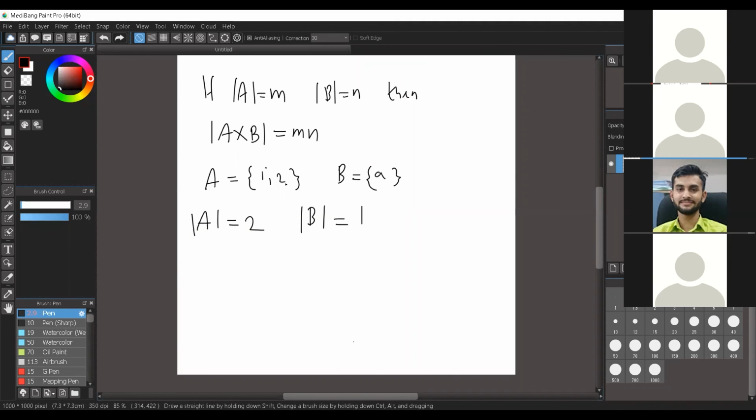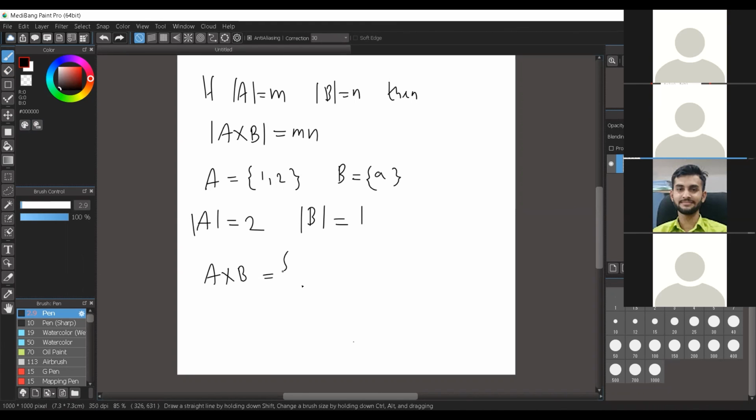Okay, as it's proved in the formula. Now we need to find the modulus of A cross B. First let's find A cross B. What is A cross B?